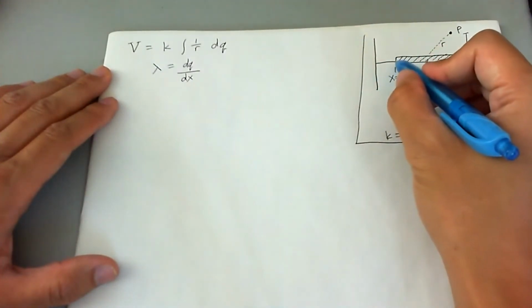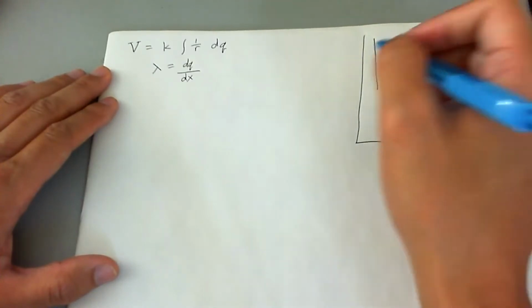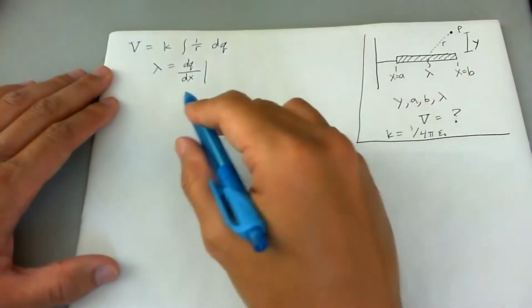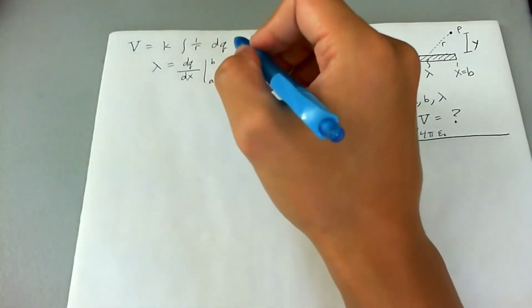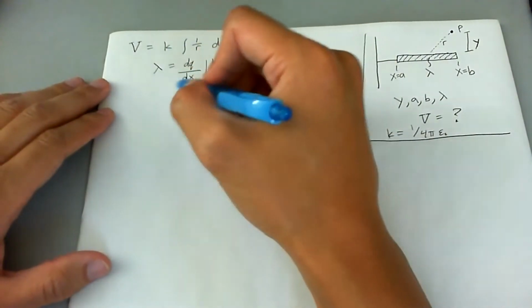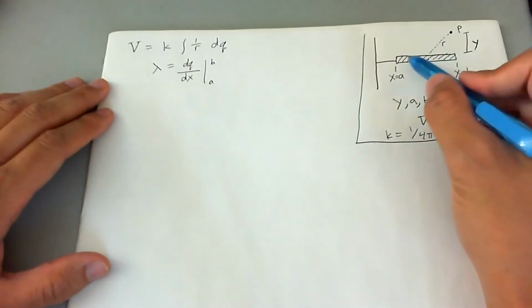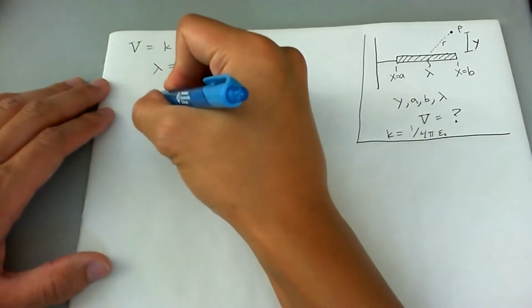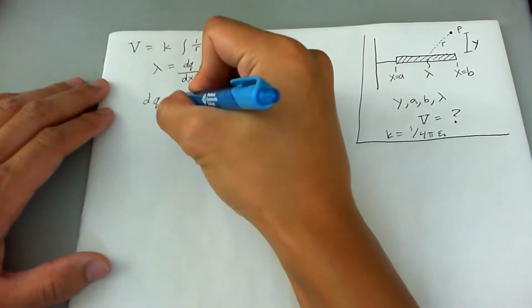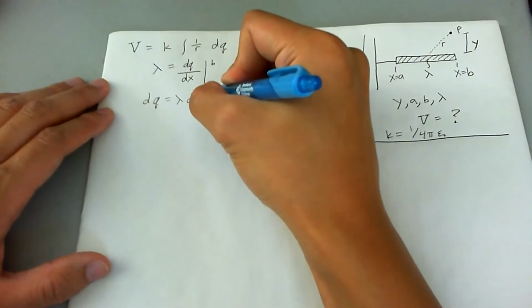So dx being some sort of variable infinitesimal piece of space on that line. And we're going to take that from A to B. That's going to signify what the charge density is, which should be uniform in this problem. dq is then going to be lambda dx, again, from A to B.